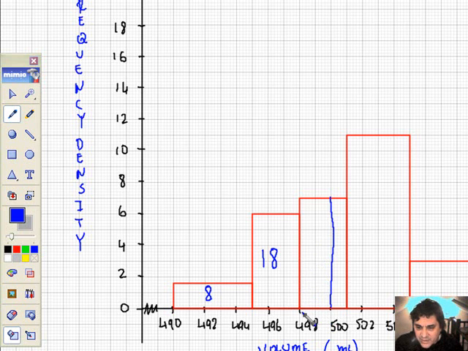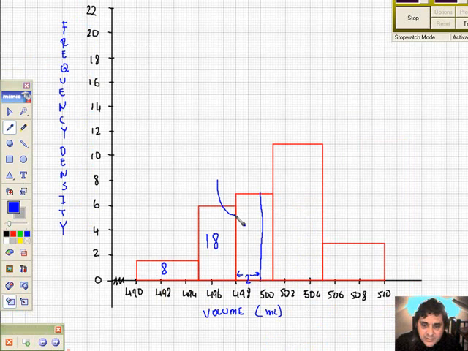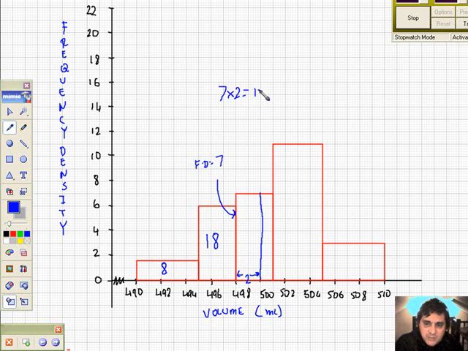Therefore I can see from 498 to 500 I have a bar width of 2. I know my frequency density is 8, so we just label it as such. So my frequency density is actually 7, and then I need to go 7 times 2, may as well. 7 times 2 makes 14. So this area here is 14.